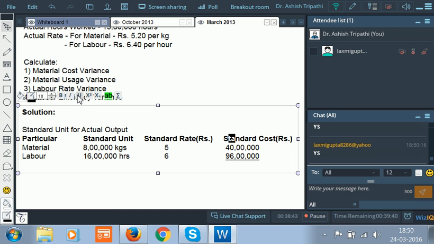Let us do the total. So we will say total cost. 40 plus 96, 1 crore 36 lakhs.